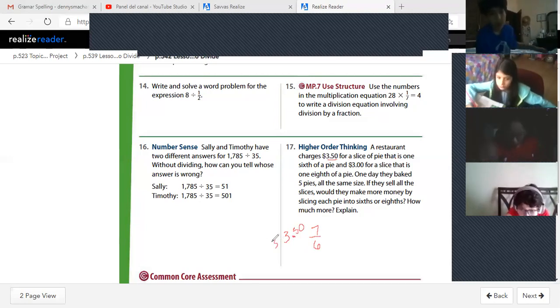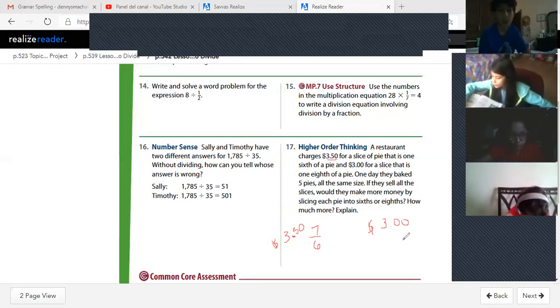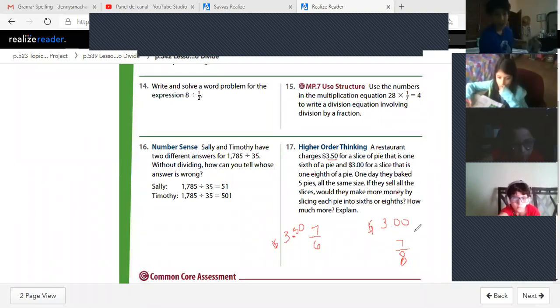Dollars. And the other one costs $3. How many parts do they make with the other one? 1/8, right? So now that we have identified all that, we have the fractions, right?